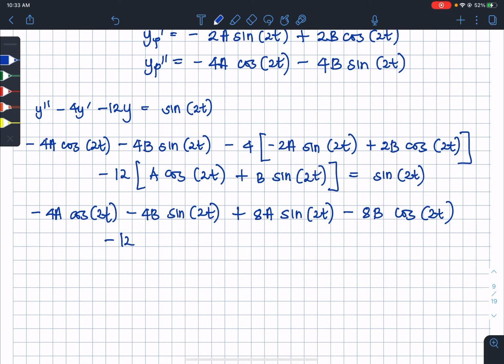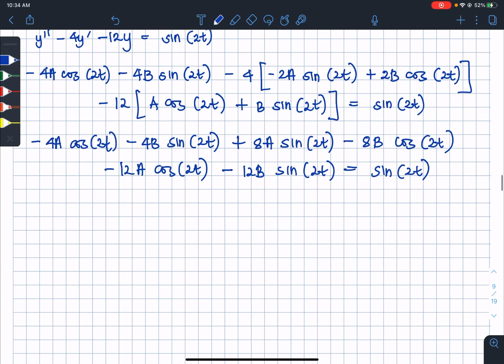Lastly, minus 12a cosine 2t, and then minus 12b sine 2t is equal to sine 2t. So we have negative 4a, negative 4b, positive 8a, negative 8b, negative 12a, negative 12b.